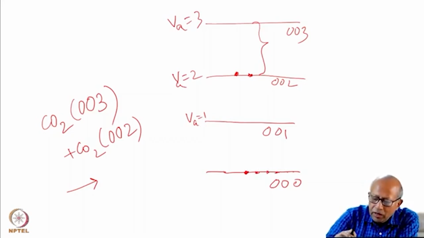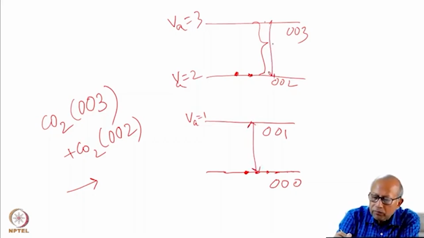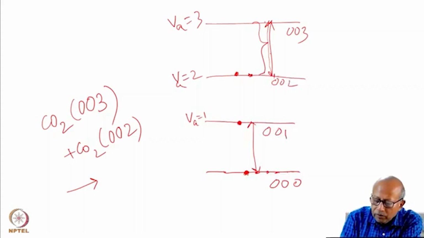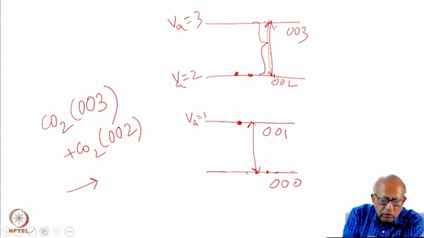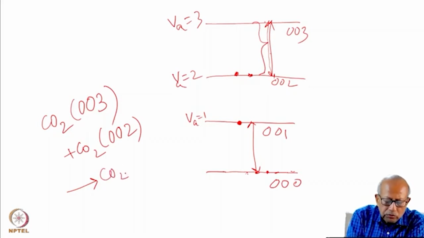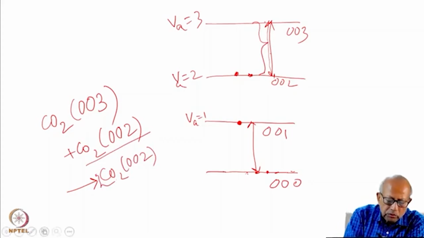This energy and this energy, they are the same. So if this much energy is released, then this energy can be consumed by this molecule and it will climb up here at the expense of this energy. So what happens then? CO2 comes to 0 0 2. Already there is one CO2 in 0 0 2. So you have two CO2 in 0 0 2.